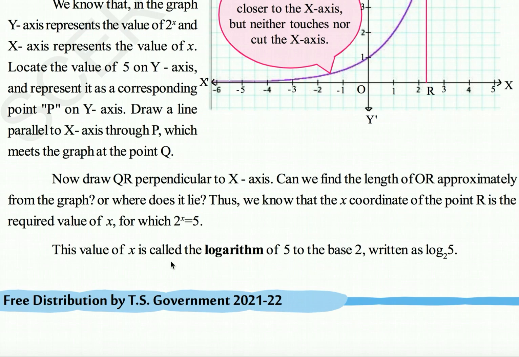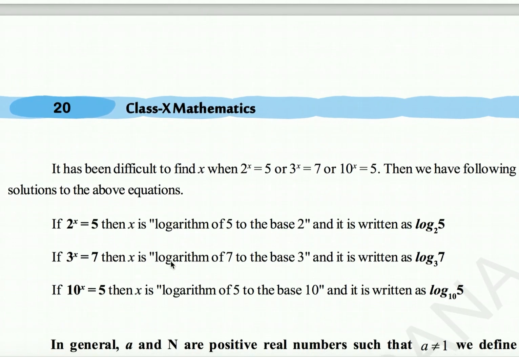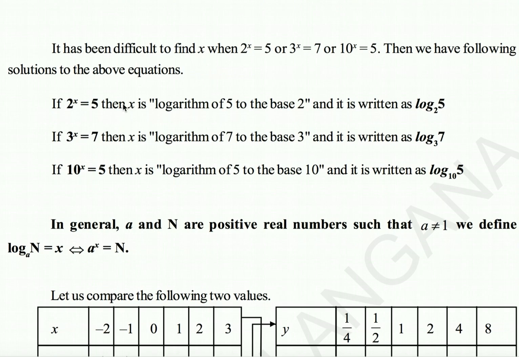Written as log 5 base 2. It has been difficult to find x when 2 power x equal to 5, or 3 power x equal to 7, or 10 power x equal to 5. Then we have the following solutions to the above equations. x is the logarithm of 5 to the base 2, log 5 base 2. Here x is the logarithm of 7 to the base 3, log of 7 base 3.